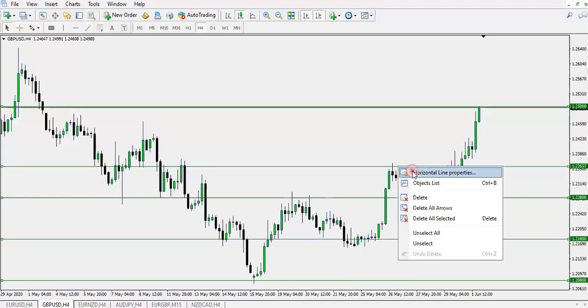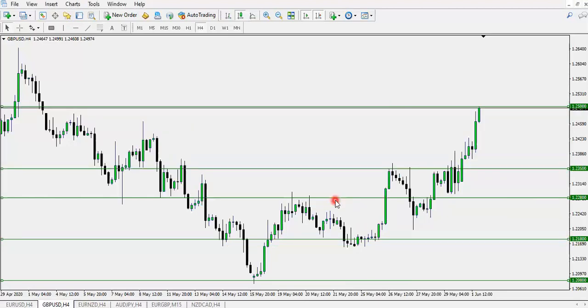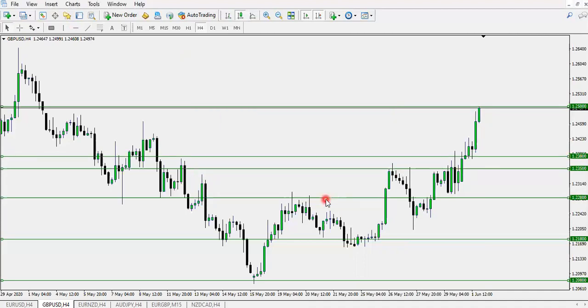Into our 500 institutional level. Price then traded sideways and rallied up and into our round number. We can also see here that there is some reaction of our 800 level. So there is our 800 level.